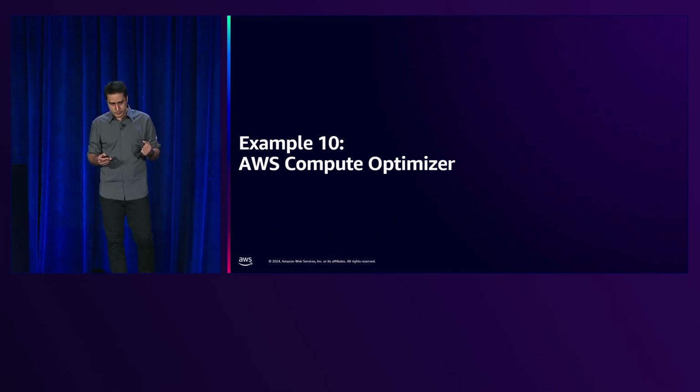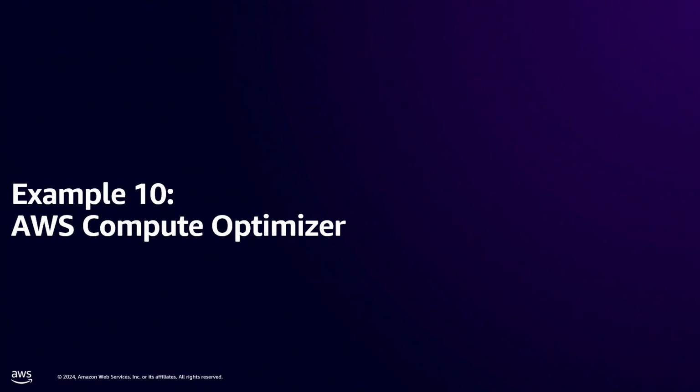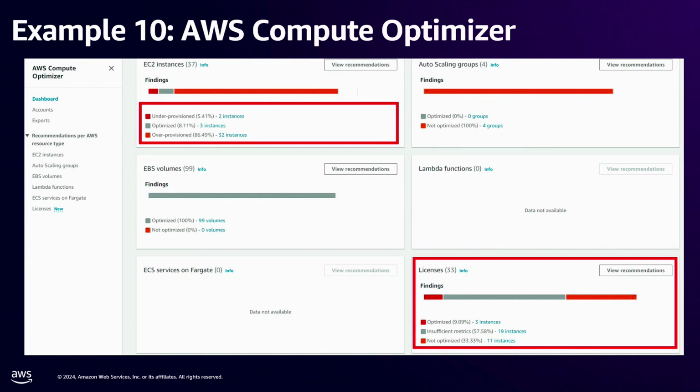Once you opt in, for a while you're not going to get any suggestions. It takes time, using artificial intelligence, to learn your application behavior before it makes any suggestions. Once it learns that, then you see different suggestions like what you're seeing on the screen.